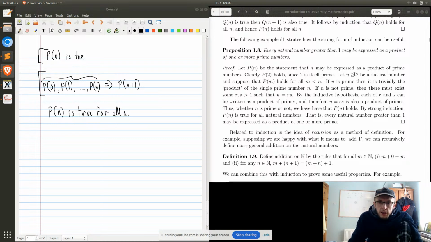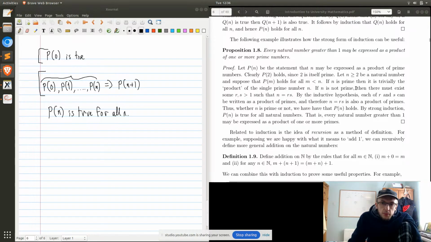Now, let n, greater than or equal to 2, be a natural number, and suppose that P of m holds for all m less than n. If n is prime, then it is trivially the product of the single prime number n.